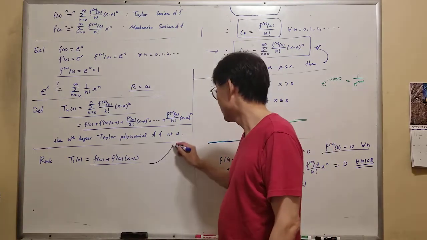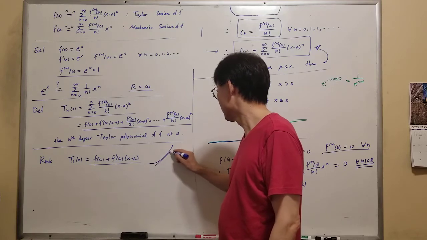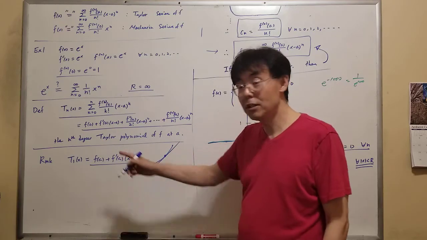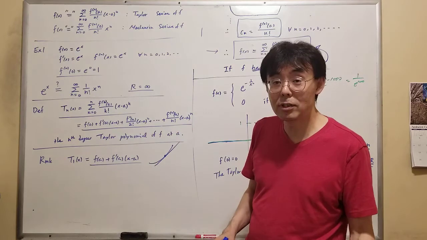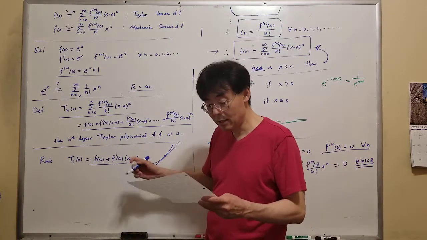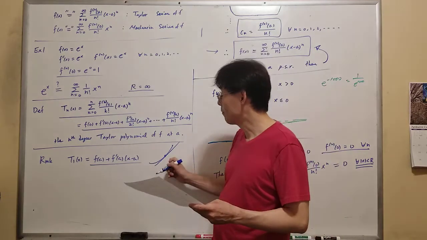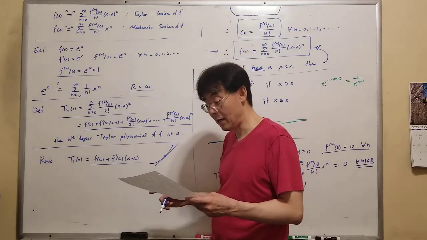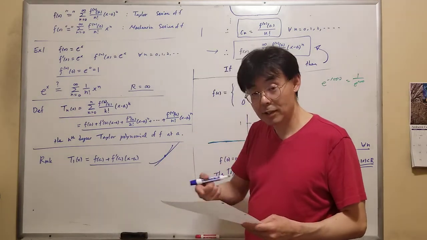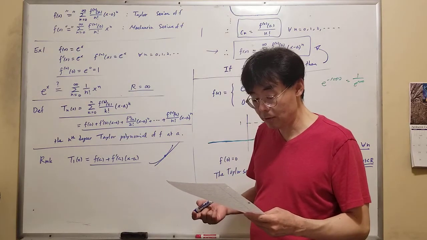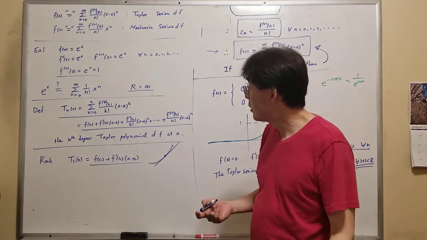So it is a tangent line. So this is a linearization. So the first degree Taylor polynomial is a linearization, or linear approximating function of f, okay? As you can see in the lecture notes.